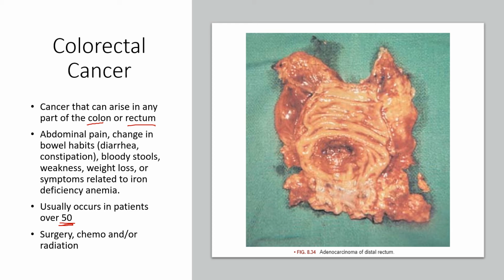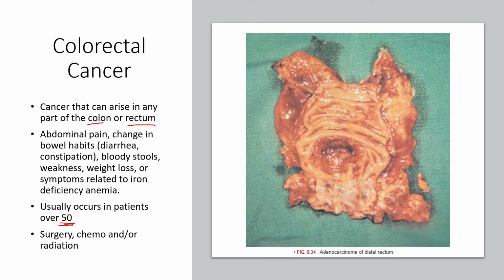If it's limited to the colon and hasn't metastasized, surgery can be used to remove it. If there is metastases, usually there's some type of chemotherapy or radiation therapy that is going to be indicated. So it really depends on the pathologic state of the cancer at the time of diagnosis.